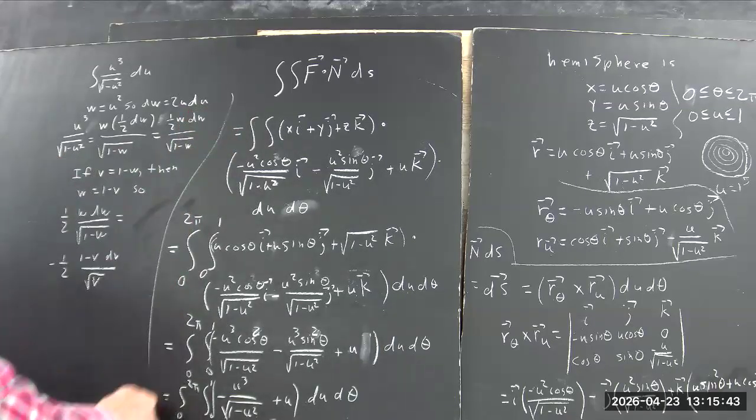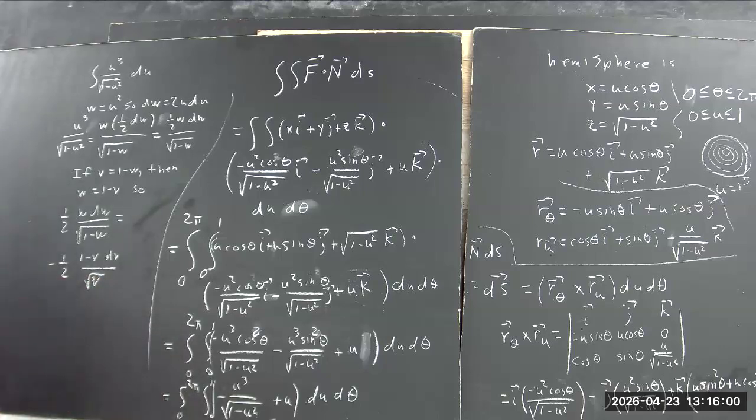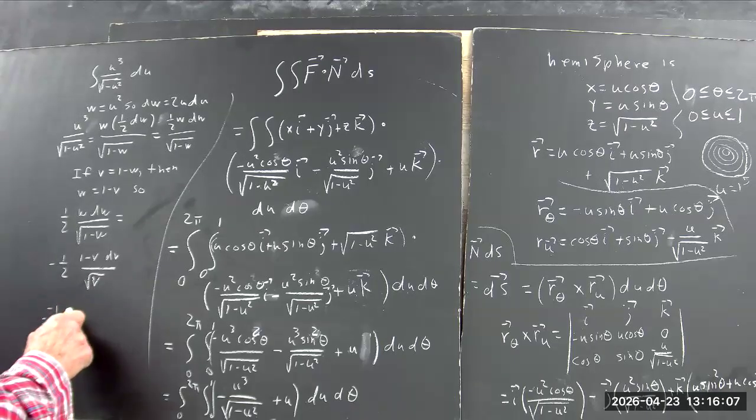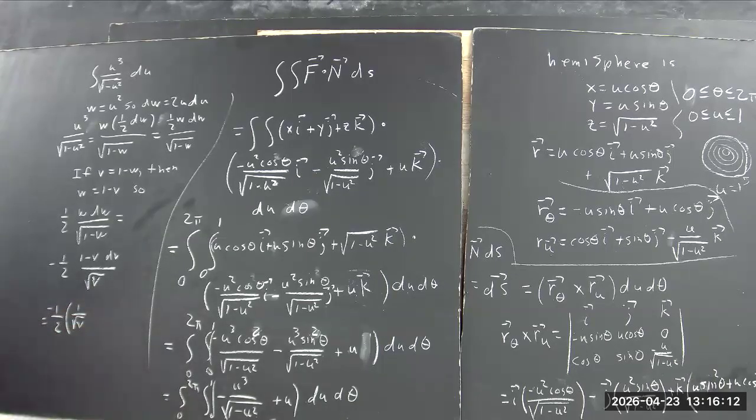Now that looks a little bit complicated. You ought to review that just to get the wheels turning on integration, because that is the kind of thing that I might well expect you to be able to integrate. I'm just going to give you that much of a hint and ask you to figure out the rest of it. That equals negative 1/2 of 1 over the square root of v, which is easy to integrate. You know, the integral is 2 square root of v, right?